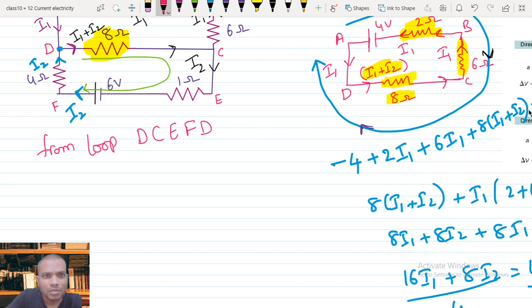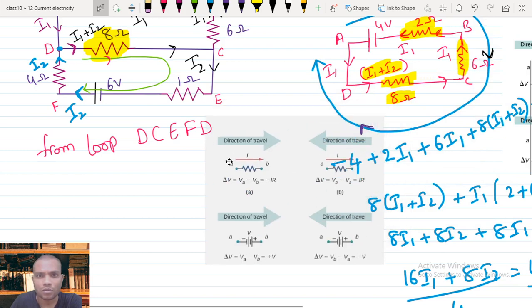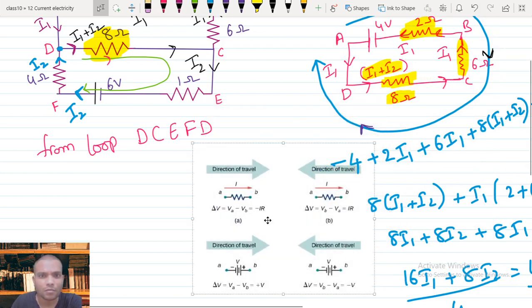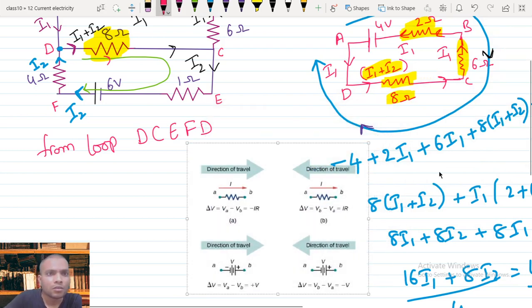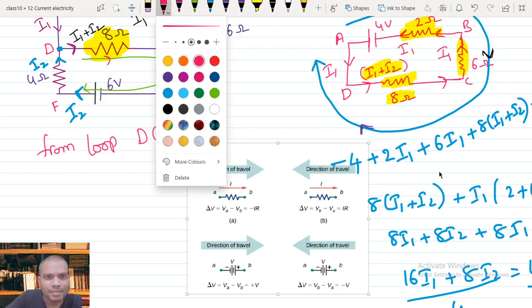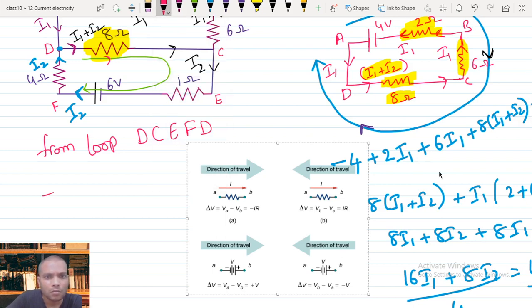In the 8 ohm resistance, my direction of traveling and current direction are both the same. I am traveling in the loop and the current across the 8 ohm resistance is in the same direction, so we need to consider that as minus. So I get negative, minus 8 of I1 plus I2.